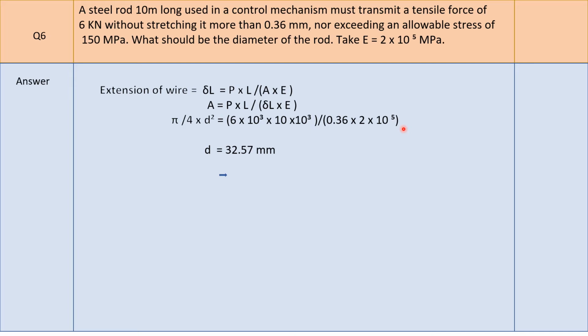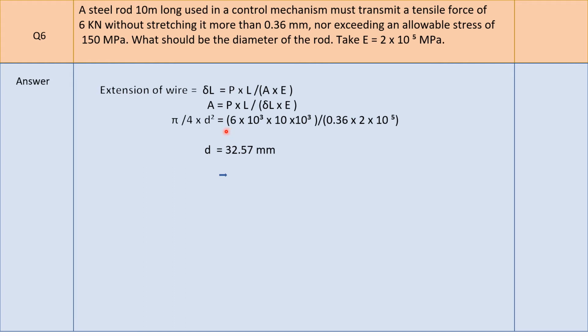Now here I am explaining you how we directly calculated D. Start from here, take the calculators in your hand and start pressing the button. First press the button, bracket open, 6 exponential 3 into 10 exponential 3 bracket close divided by bracket open 0.36 into 2 exponential 5 bracket close is equal to.